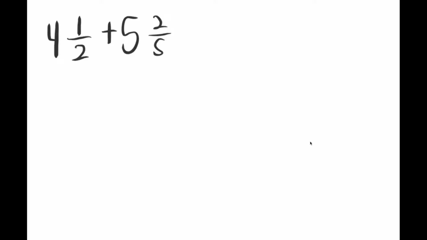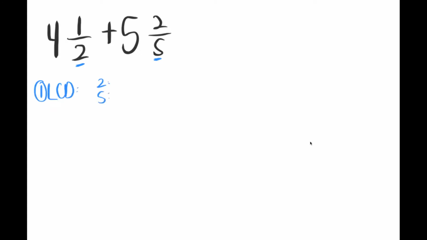Okay, so our first problem is 4 and 1/2 plus 5 and 2/5. So notice that our denominators are different. We can't solve until we have the same denominator. So step 1, remember, is find your LCD. And you can do this by finding the multiples.